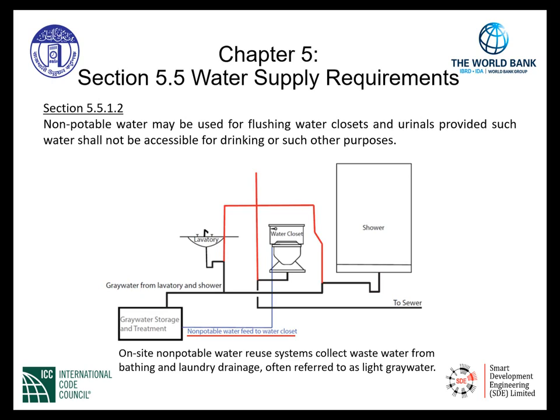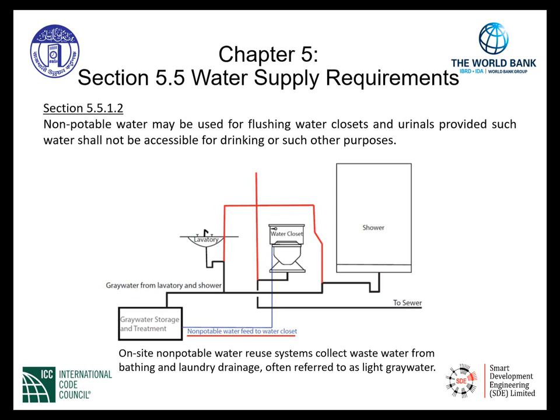Indicated in the graphic is what we have called gray water. This is where we take water from a lavatory that is being drained down the fixture drain and directed to a storage tank. The gray water storage tank and treatment is taken care of at that elevation.